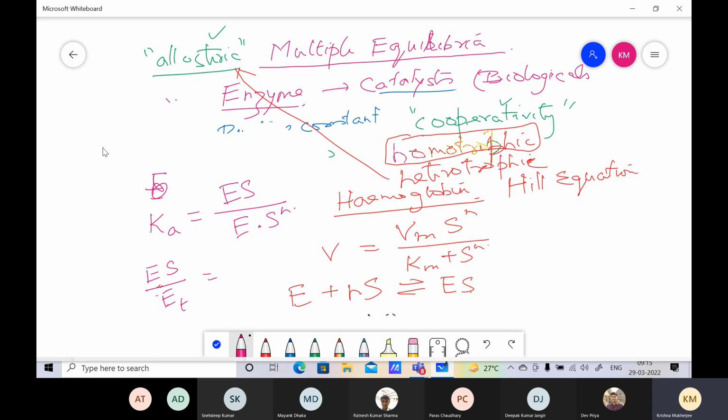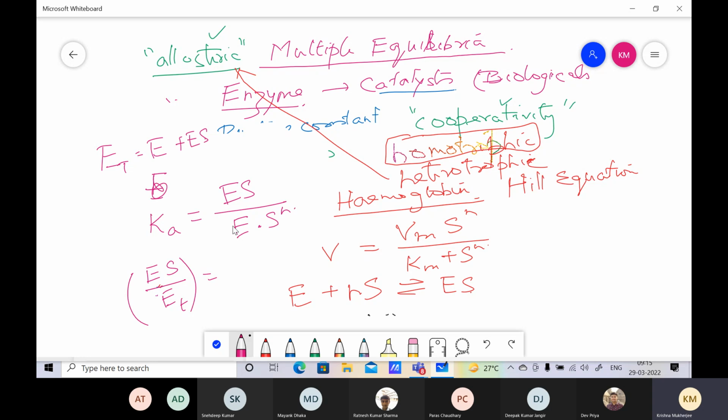E total is, let me write it for you, E plus ES, free enzyme plus bound enzyme, right? Please go ahead. What is ES equal to? What is the fractional saturation that we talked about in this case?